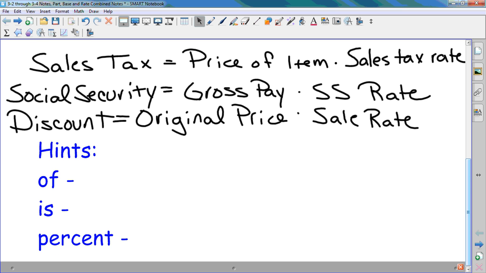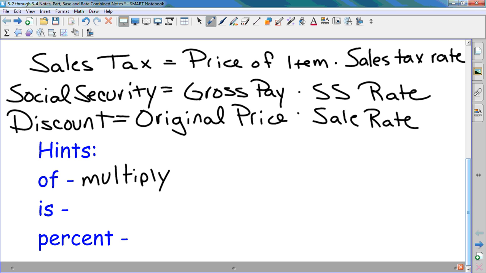Okay, when we do word problems, there are some hints, some keywords that you need to look for and try to recognize. The keywords are of, is, and percent. In math, what does of mean? Multiply.